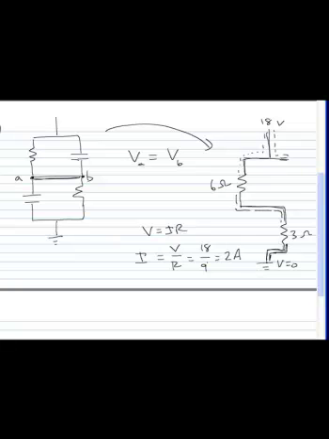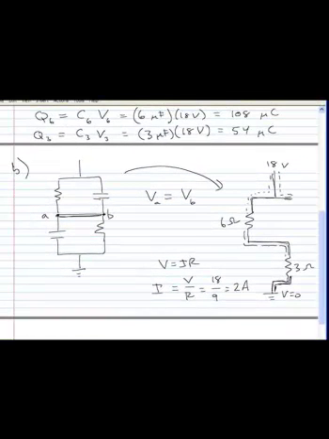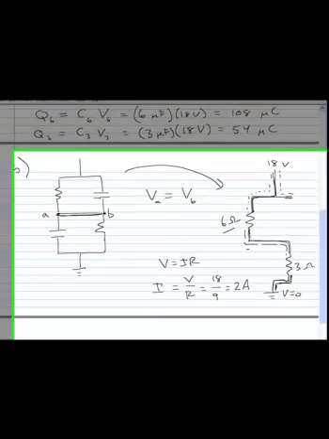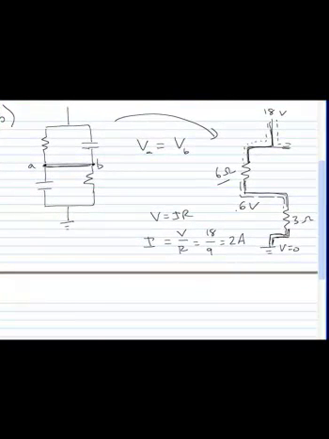If I have a 2 amp current, then I come from 18 through this resistor. I have to have a voltage drop through this resistor of I times R. I is 2 amps, R is 6 ohms, so I have to drop by 12 volts. So that means this has to be 6 volts in the center section.